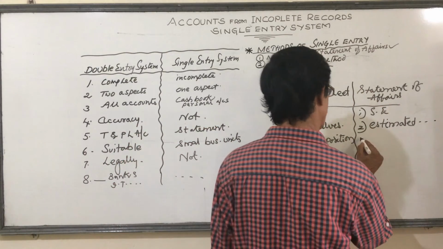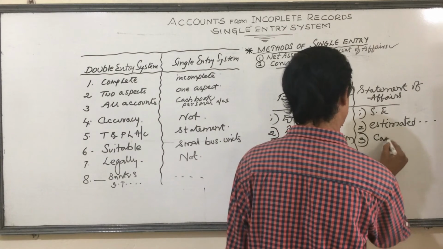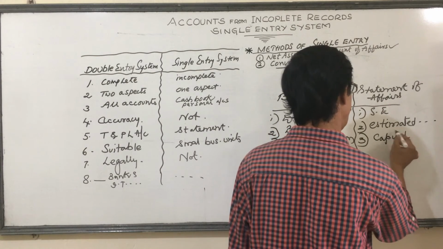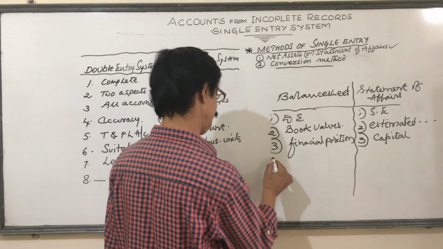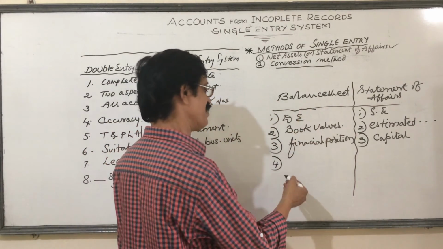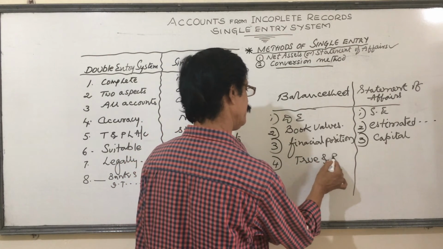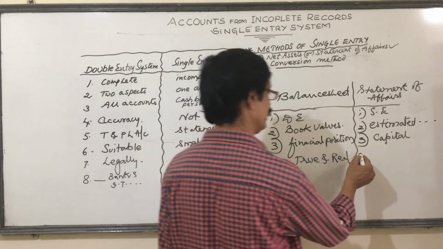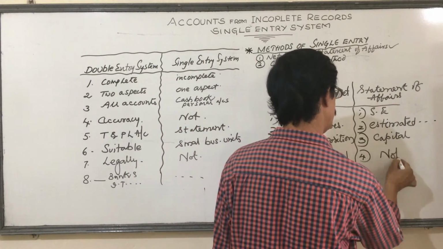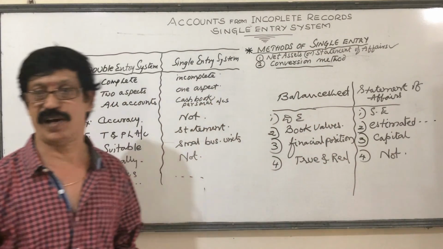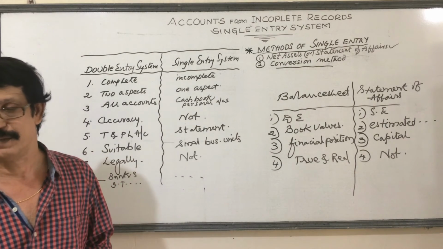But the statement of affairs is prepared only to find the capital at the end of the year. Through balance sheet, we can find out the true and real financial position, but here we cannot. Real financial position cannot be found through statement of affairs.